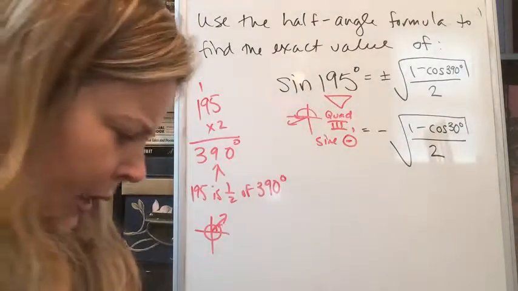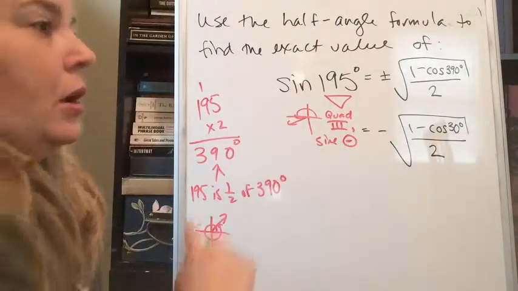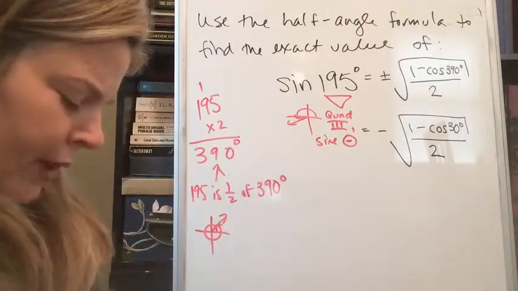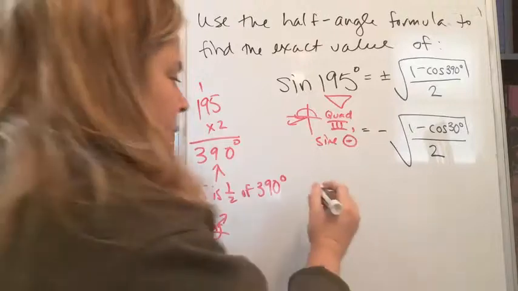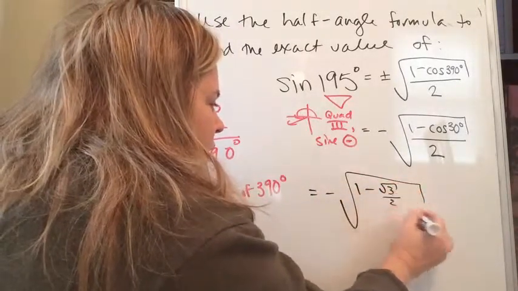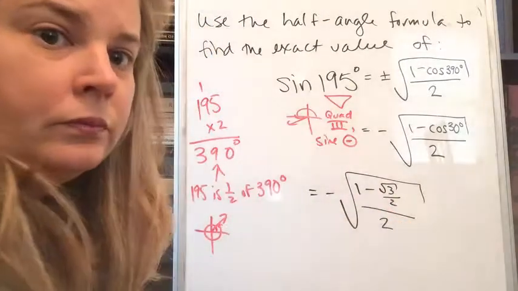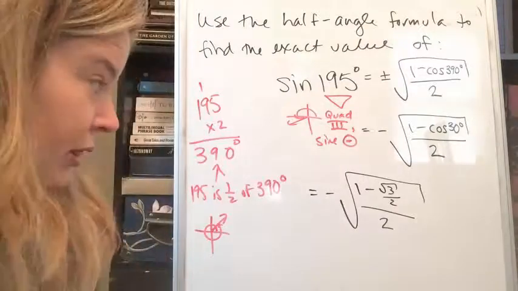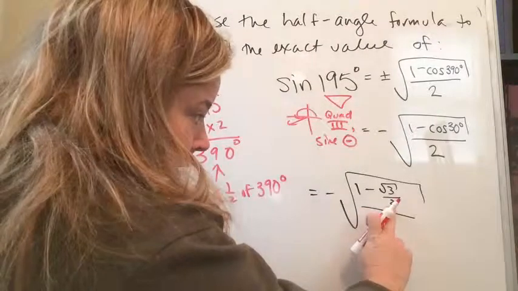Okay, now what is cosine of 30? Again, I'm thinking of my triangle, cosine of 30, adjacent is radical 3 over 2. So we have negative square root of 1 minus square root of 3 over 2, all over 2. I've got a complex fraction here, so I'm going to multiply everything by 2 to get rid of this fraction.